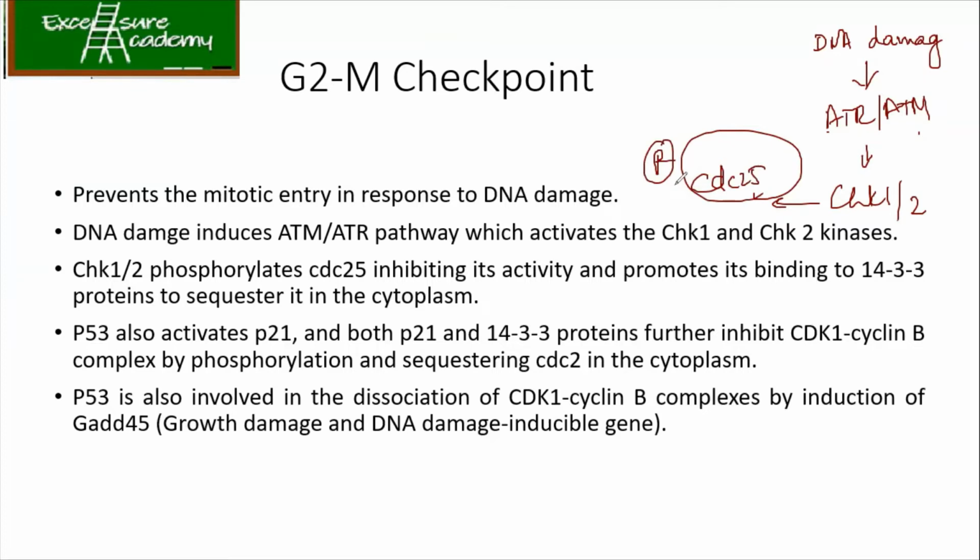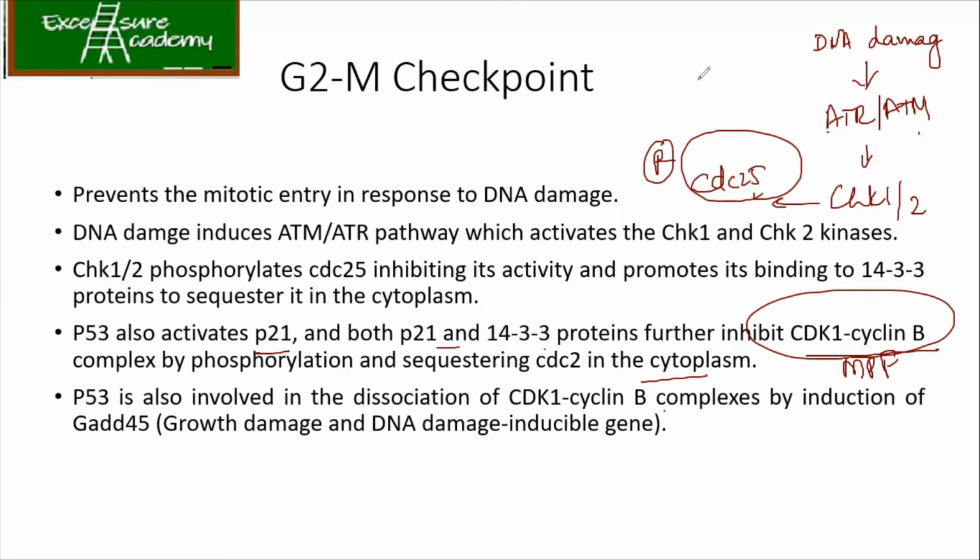This much is clear. P53 also activates P21. And both P21 and 14-3-3 proteins inhibit your CDK1-cyclin B complex. What is this? This is your MPF. Okay, by phosphorylation and sequestering CDC2 in the cytoplasm. Now, P53 is involved in the dissociation of this complex by induction of GADD45, and then it gets activated.